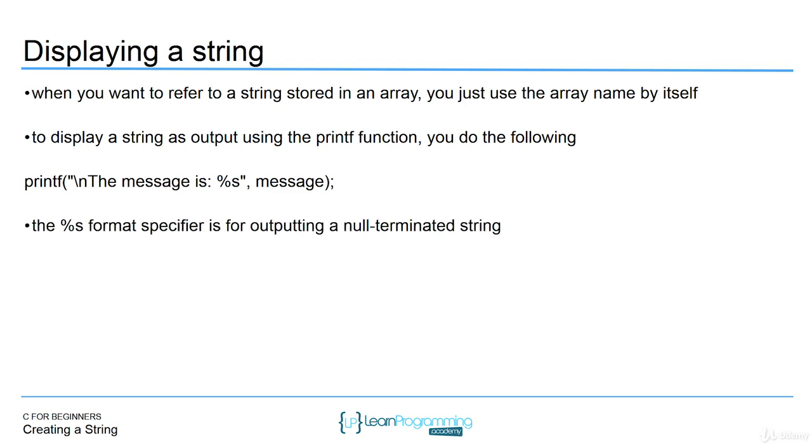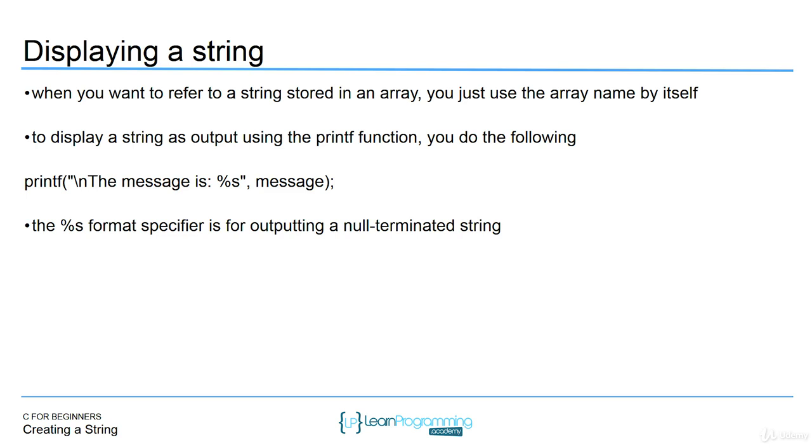And the %s format specifier is for outputting a null terminated string. Remember before we used %d for integers. You can use %c for characters. For strings, you use %s. And those are character arrays. It expects a null terminated string.